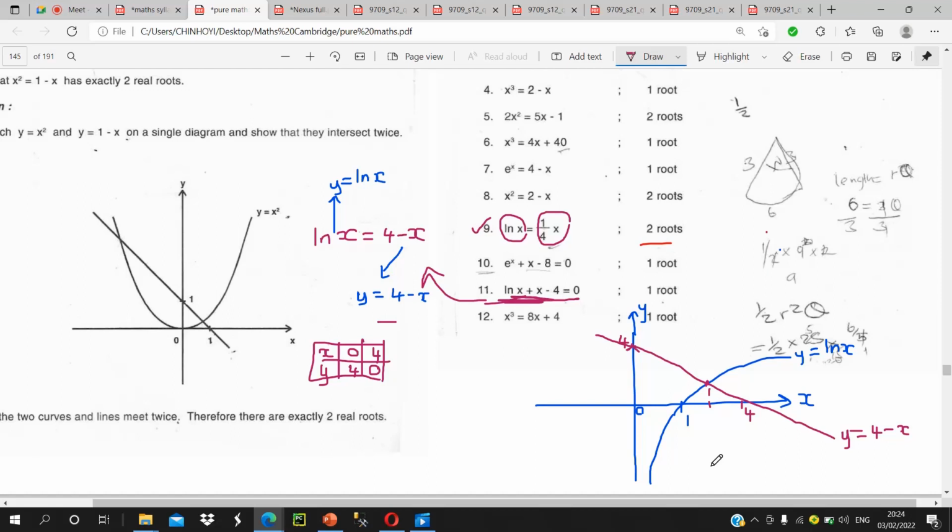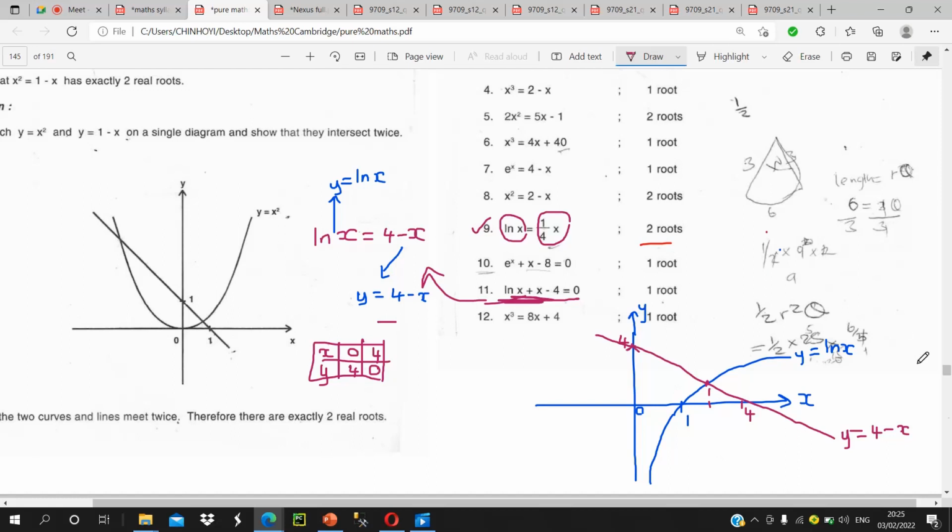So next time if you are given an equation which has only variables on one side, you are supposed to split it into two graphs. If one is a standard graph like ln x, you know how to draw ln x, then you draw it. Then the other one will be easier, like straight lines, as you can see.